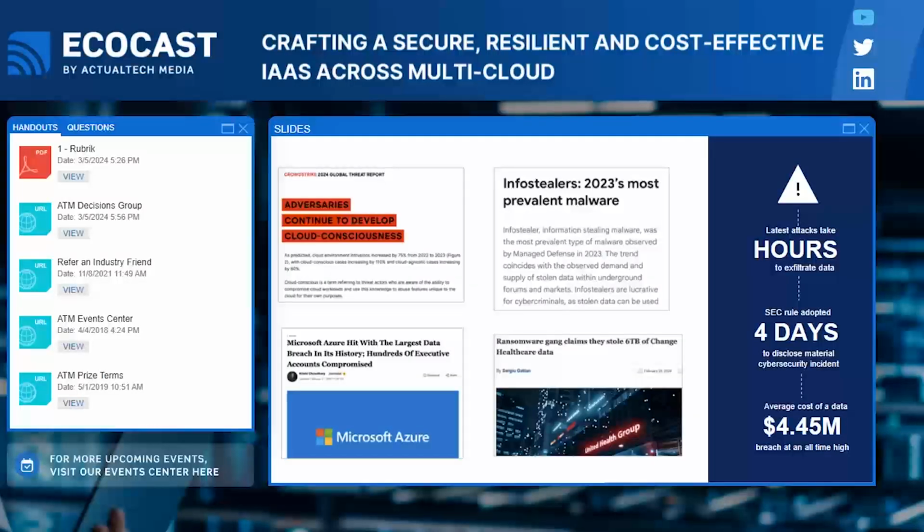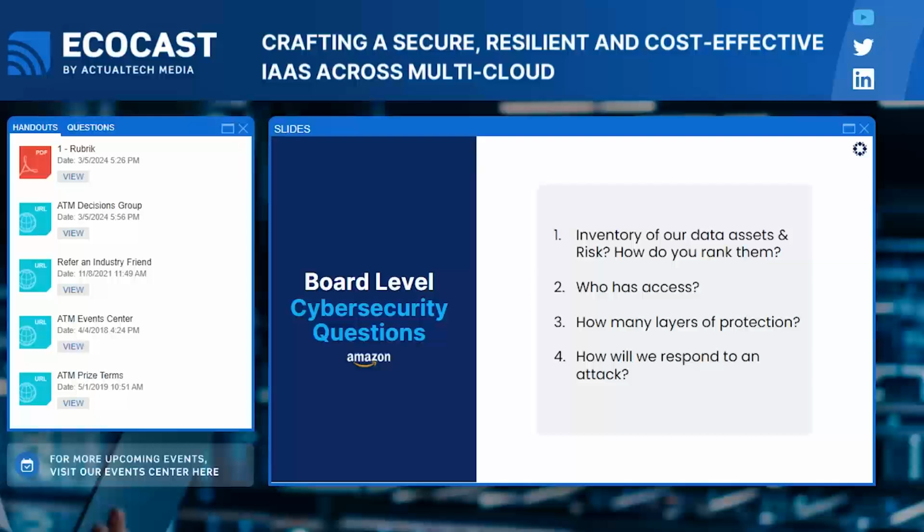We're seeing more and more conversations driven specifically around this. An interesting article around solving these challenges comes directly from the Amazon CISO. He had a great blog post where he basically said these are the board level questions that everybody should be asking. And I kind of simplified it a little bit.